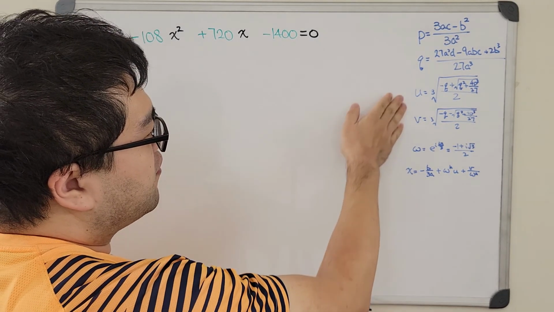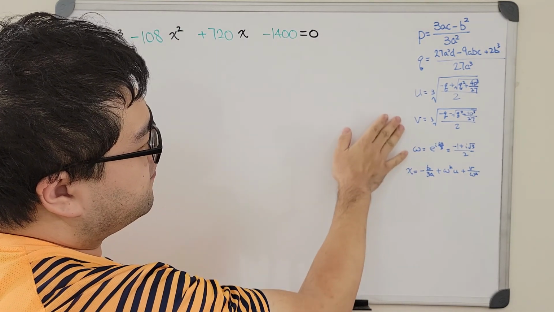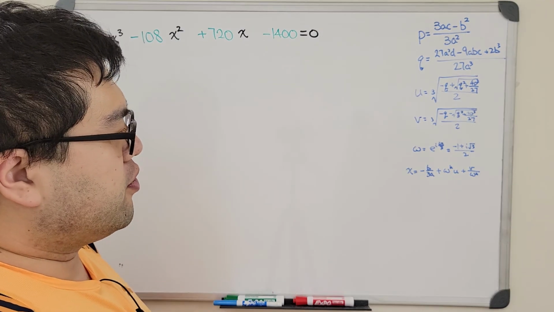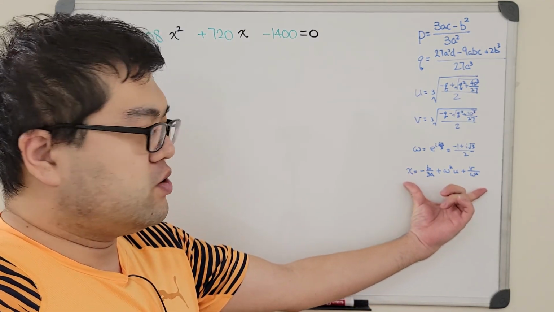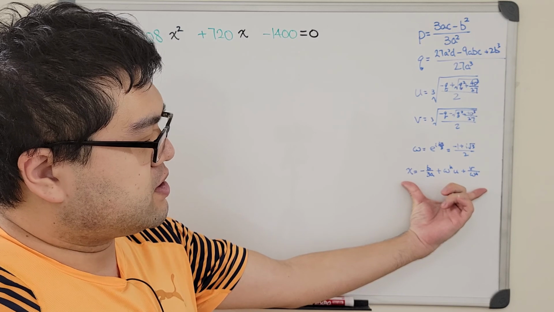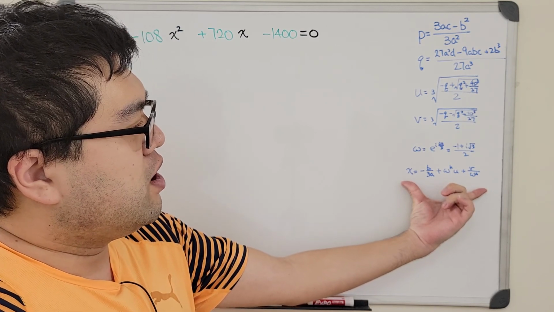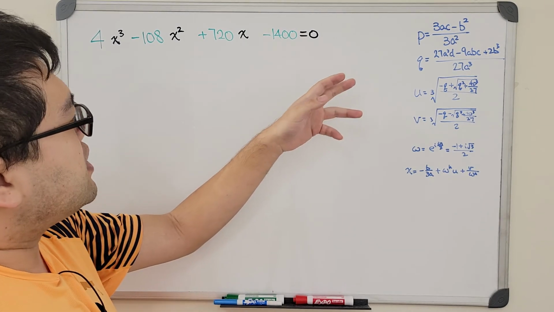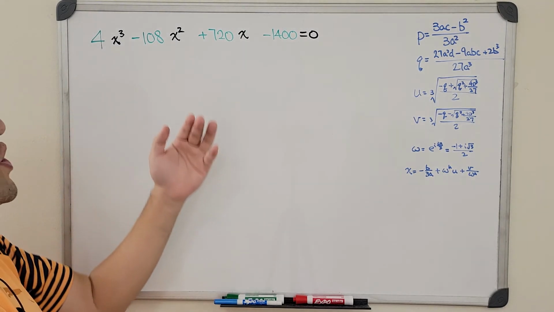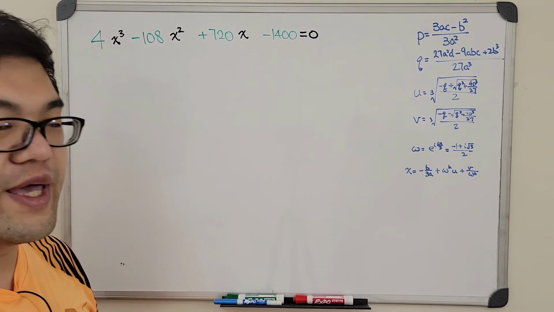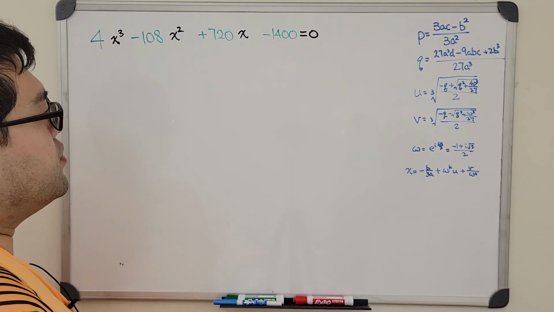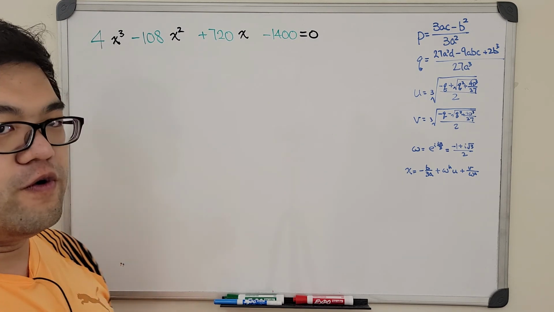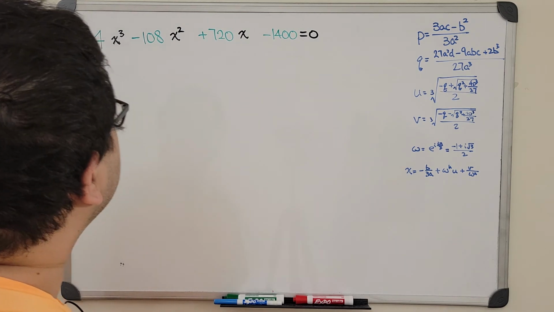I've labeled all of them, P, Q, U, V, and this omega for our final form X, which is going to tell us the solution of the general cubic equation, where A, B, C, and D are just the coefficients of the cubic expression. If you're ready, we're going to start with the regular way first.